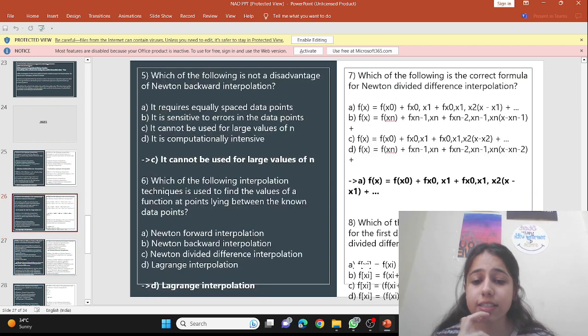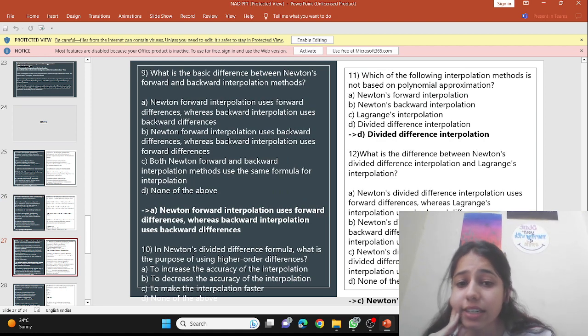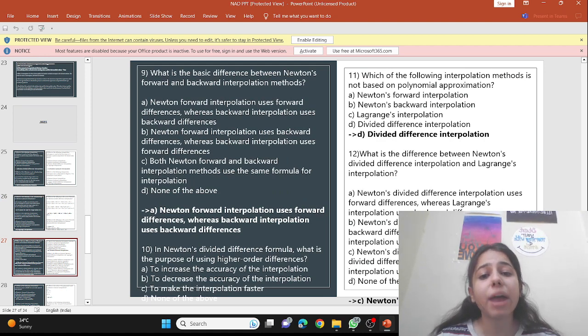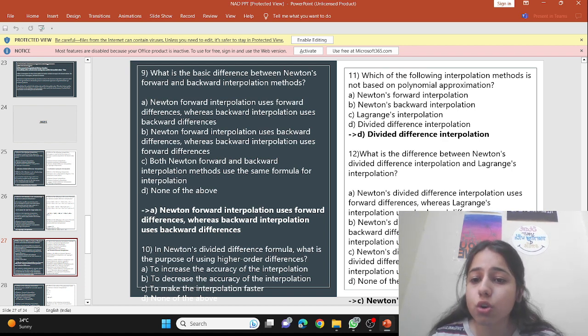Our ninth question is, what is the basic difference between Newton's forward and backward interpolation methods? We have to find the difference between the backward interpolation method and the Newton's forward interpolation method. So let's check the options.